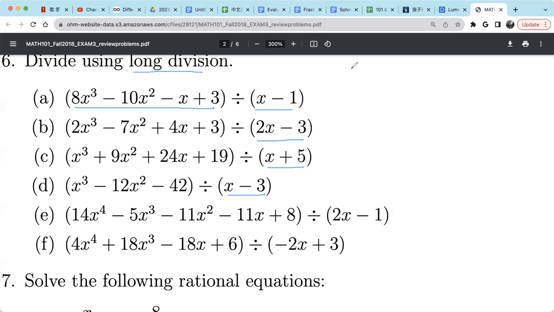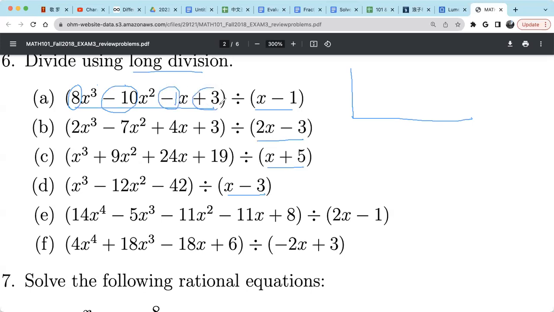Let's see, how do we do short division? Let's do 8. We make this sign. So we draw a vertical line. We draw a horizontal line. So we make this sign. Then we will write down the coefficient of each term in order. So this is x cubed. Next one is x squared. Then the next one, x raised to 1.